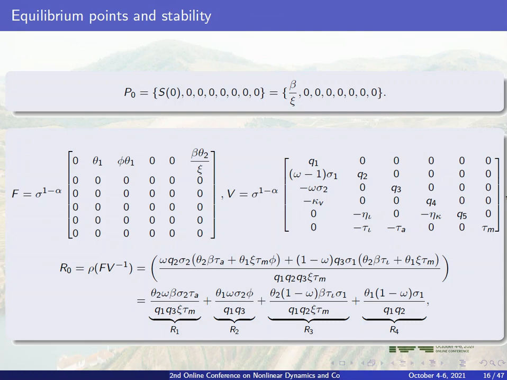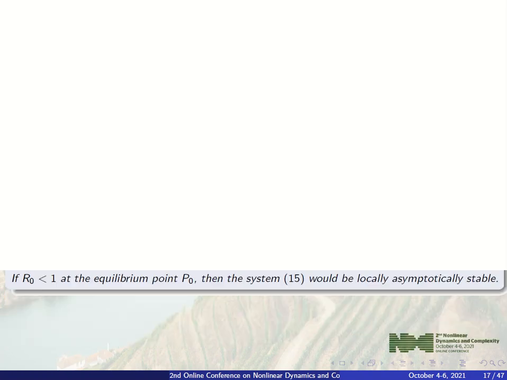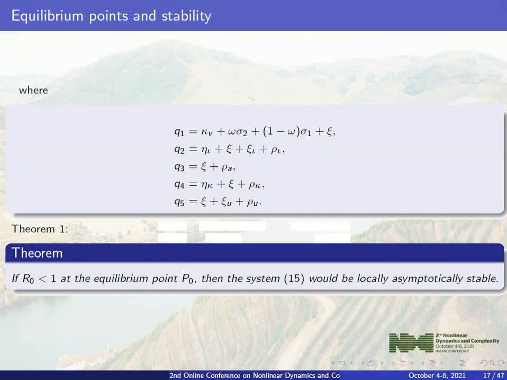The basic reproduction number of the model 15 could be obtained by means of a next-generation matrix that can be obtained from a spectral radius of the multiplication of two matrices capital F and inverse of capital V in the disease-free equilibrium point. In the next step, we show that the model 15 is stable locally.